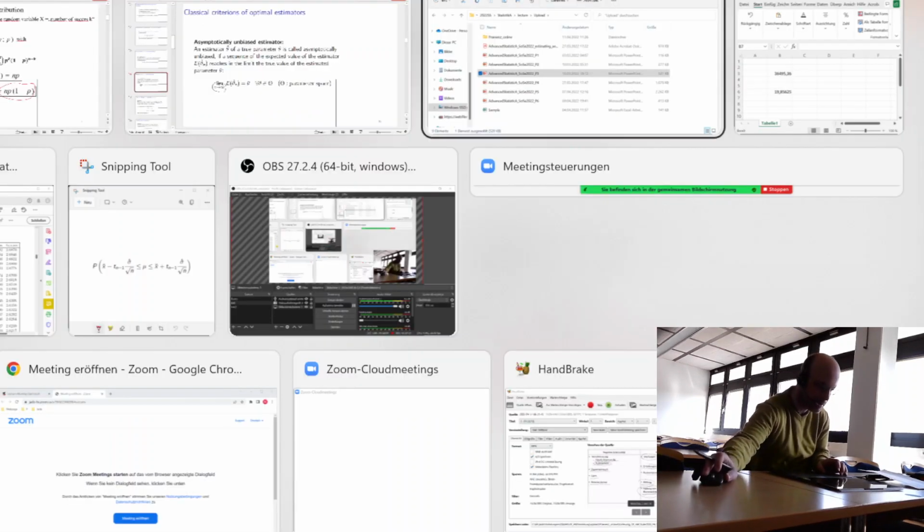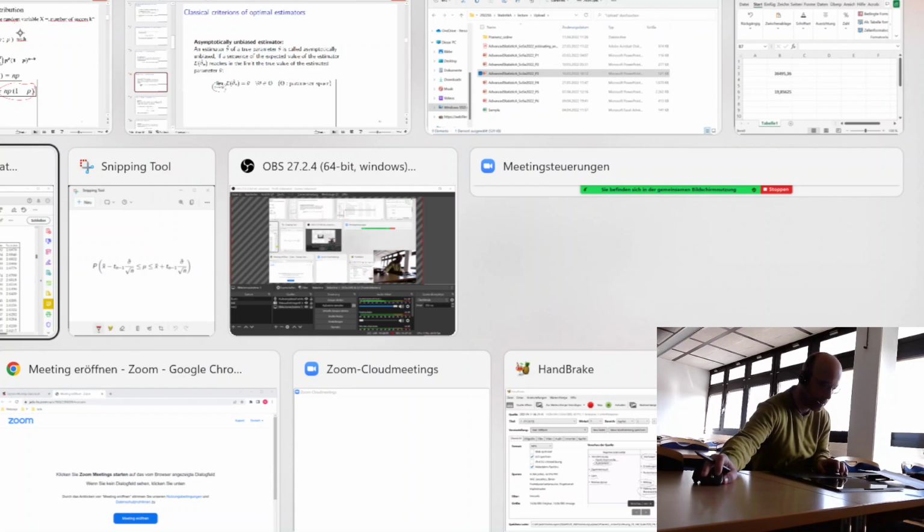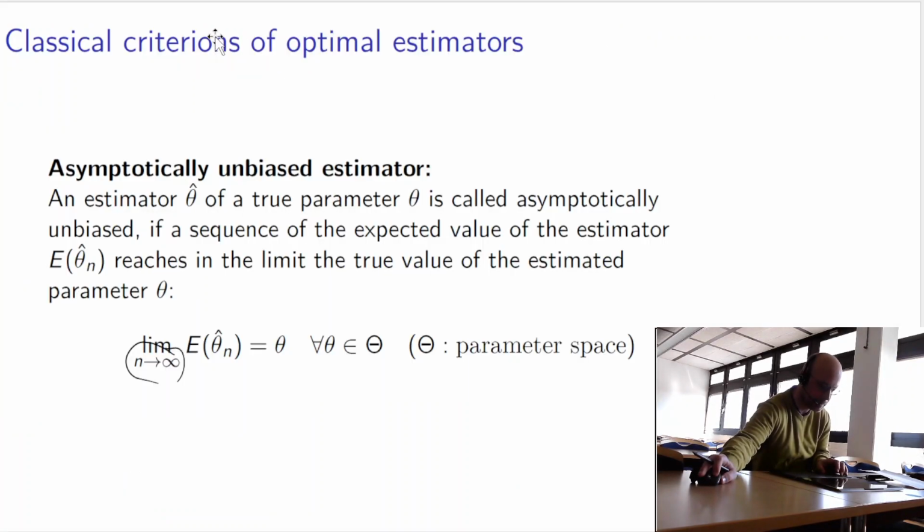And if we take this for our confidence interval, where we are here.